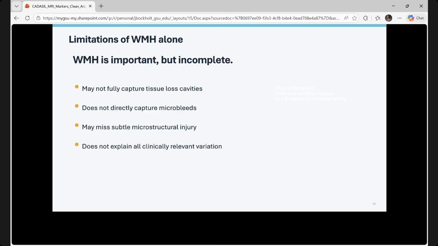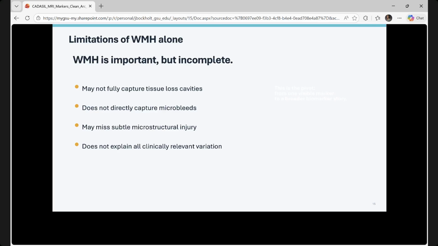So some limitations of the white matter lesions are really good to discuss here. The lesions themselves don't capture tissue loss at all. They don't in any way reflect the microbleeds.